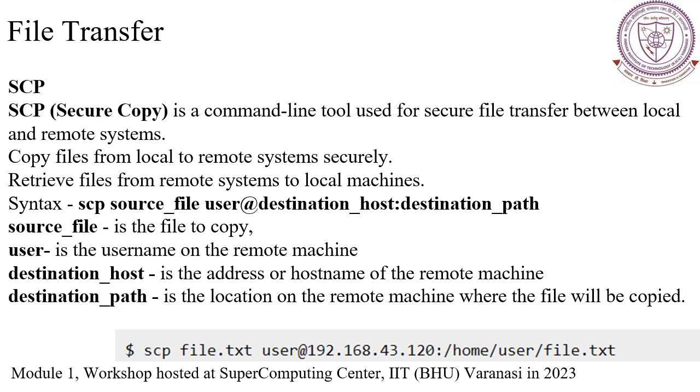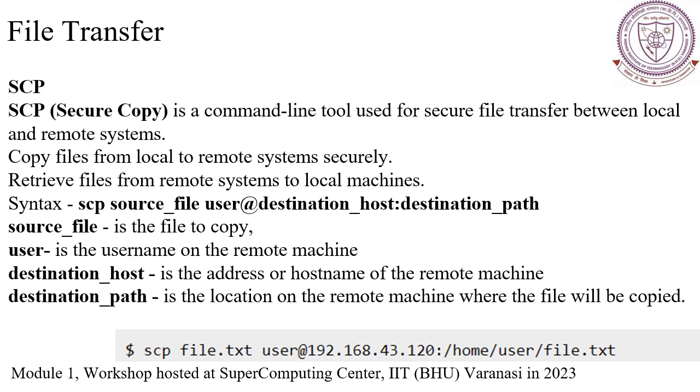And one more thing, if you don't want to do it like this, there is a free application, WinSCP. By using the WinSCP application, you simply download it. It is available for Windows, and in that application, you simply write your username, your host name, and the port number.